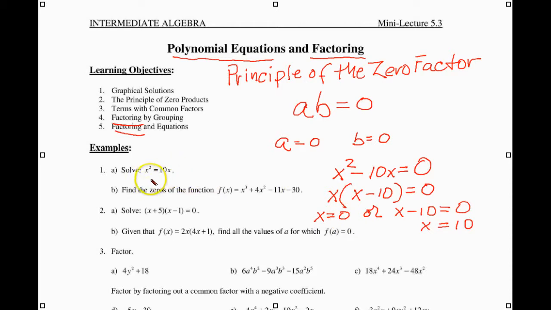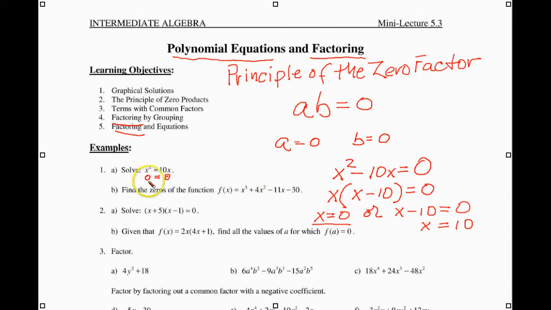Now I go in there and I say, if x is 0, 0 times 0 is 0. And if this x here is a 0, 10 times 0 is 0. So 0 is a possible answer. How about 10?